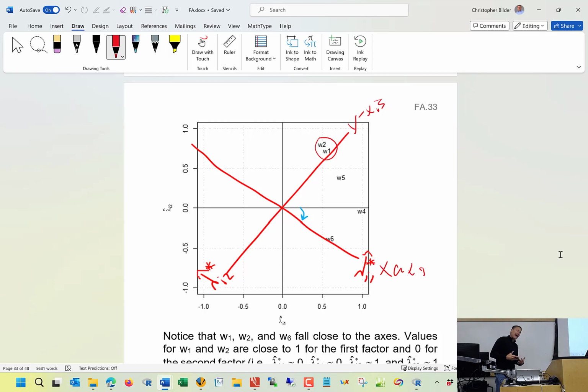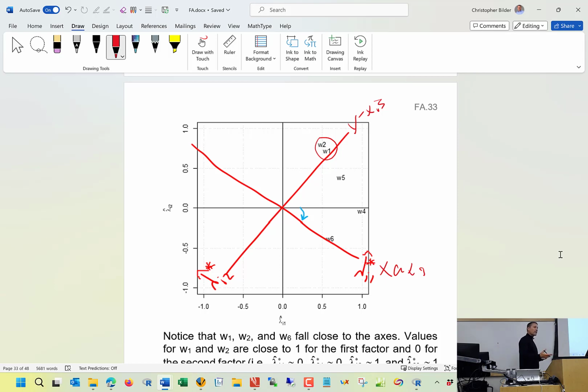It will have a lambda hat 1 that is close to 0. It will have a lambda hat 2 that is positive in a way. Okay, maybe kind of close to 1. Look at where W6 is. It will have a lambda hat 2 that is about 0, a lambda hat 1 that's going to be positive in some way.